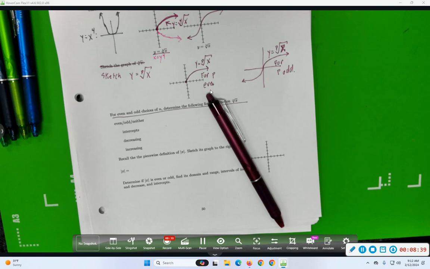How do you check if a function is even? Using a graph? Yeah, symmetry across the y-axis.